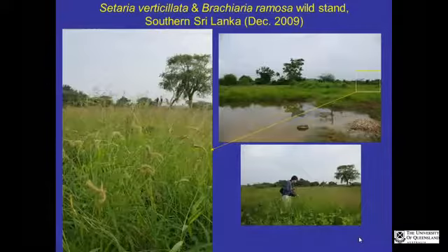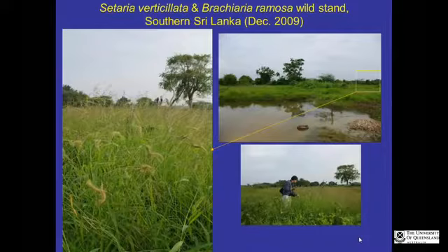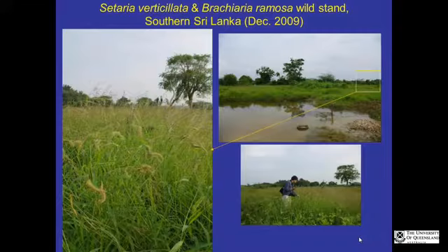Of course, that also raises questions about what habitats these crops came from. Today, you'll mostly find Brachiaria ramosa as a weed growing on the edges of fields of sorghum, things like that. So what is its wild habitat? Well, I think this is as good a guess as any as what its wild habitat might have been, which is a stand where we found bristly foxtail millet and browntop wild growing together in southern Sri Lanka in this kind of savanna grassland environment.